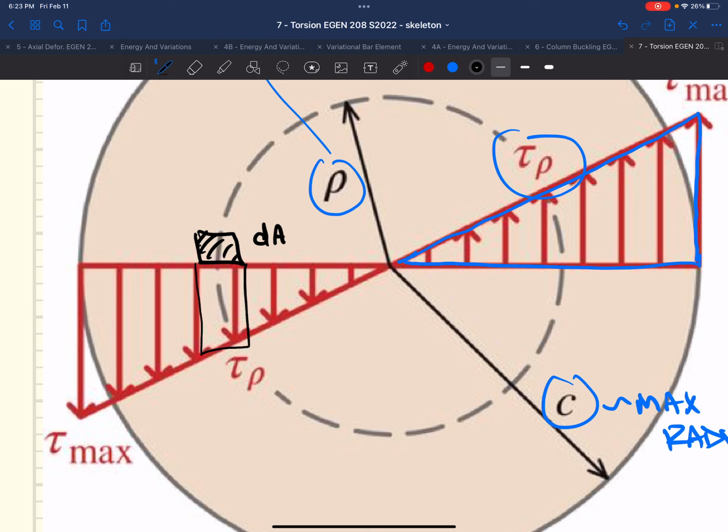All of that stress that's sitting here is going to be acting on that area. Well, we know that force over area is stress. So stress times an area is force. And we can then develop what's going on here with respect to this dF, right?